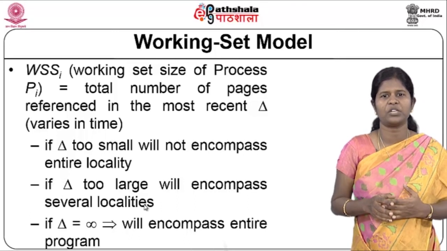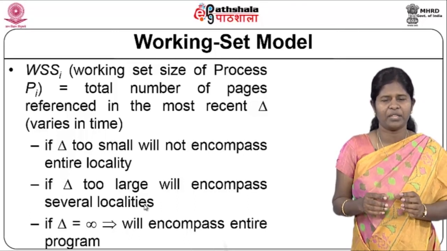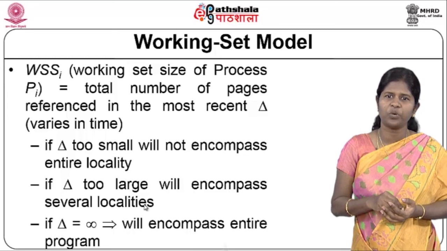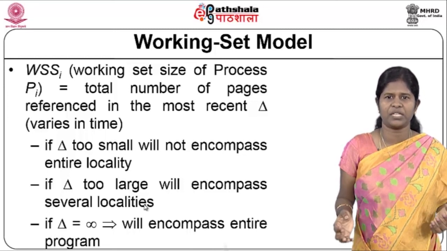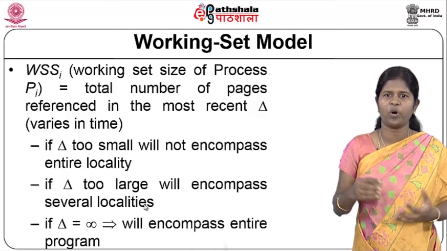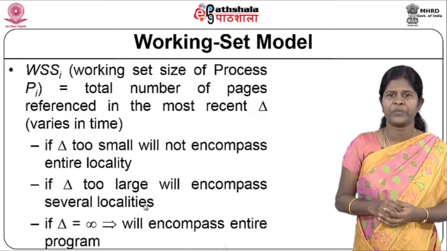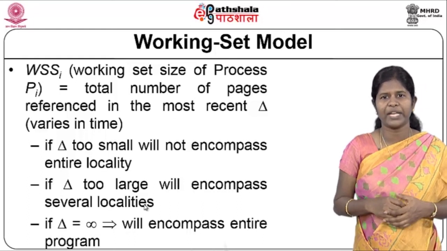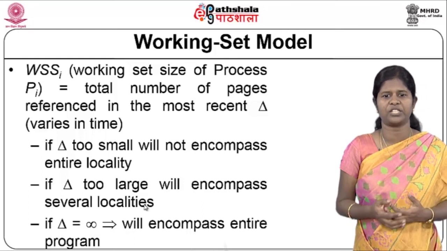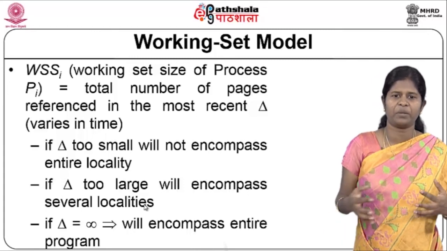Suppose delta was taken as only 5, then you may include only a few pages in the working set. But if delta is taken as say 20, you may unnecessarily have more pages in the working set, and all those pages may not be used at that particular time. And if you take delta as infinity, then the entire program will be included.